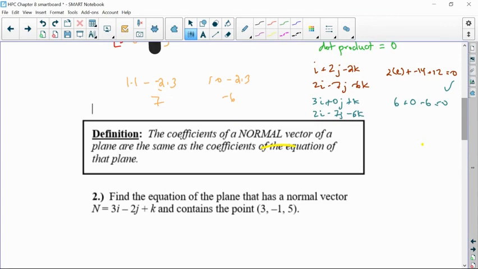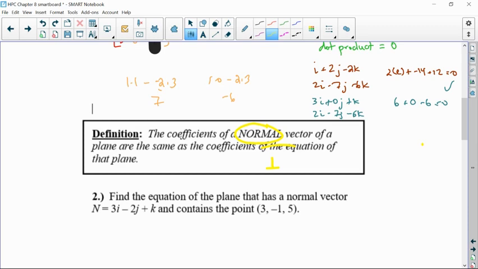So when you see the word normal vector, that's another way to describe a relationship that's perpendicular. And usually it's reserved for when you have a vector, which is like a line segment or a ray, and then a plane.